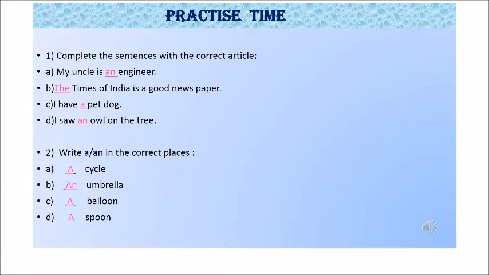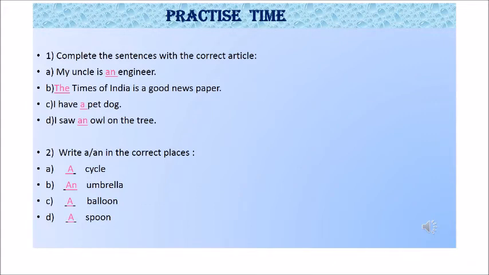Now, look here in the second exercise, write "a" or "an" in the correct places. Cycle. The first letter of this word is C. C is a consonant. So, the answer is "a cycle". Next, umbrella. The first letter of umbrella is U, and U is a vowel.